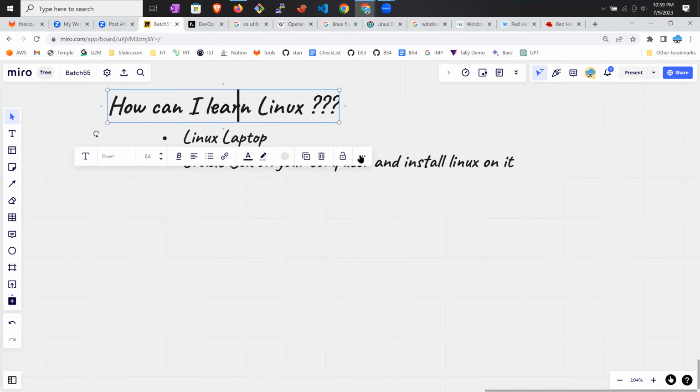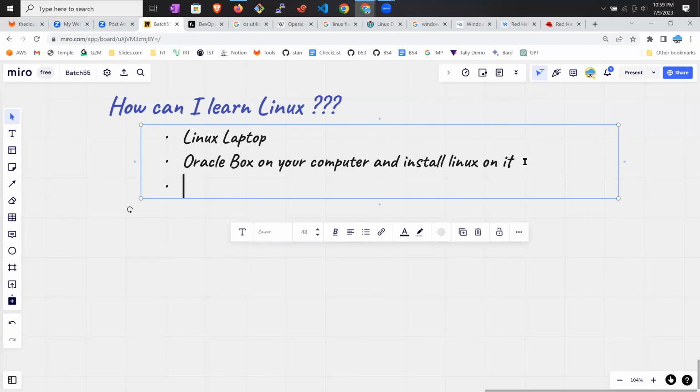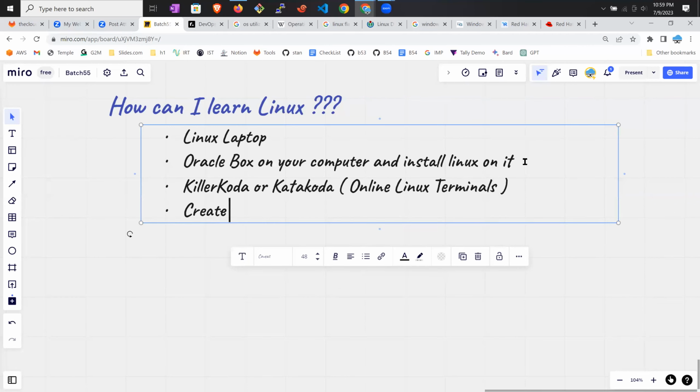Next, you can have some sandbox or test environment called Killer Coda or Katacoda, some online Linux terminals you can practice. Or since the training is majorly on cloud, what if I create a live server on cloud? Create a Linux server on AWS cloud and let's learn Linux on it.